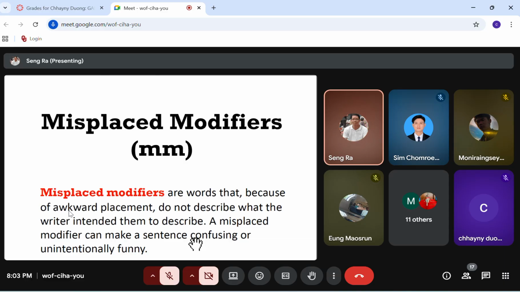Instead of using a modifier to modify a particular noun, you use it in the wrong place, the wrong position, so it modifies something else. That can be funny sometimes, but you don't want to make it funny; it's unintentional.